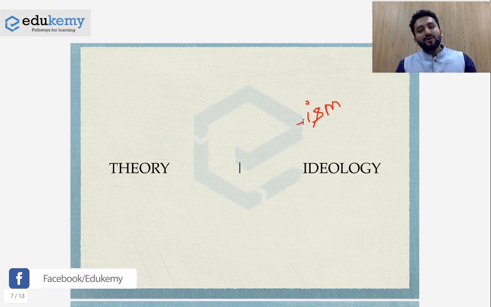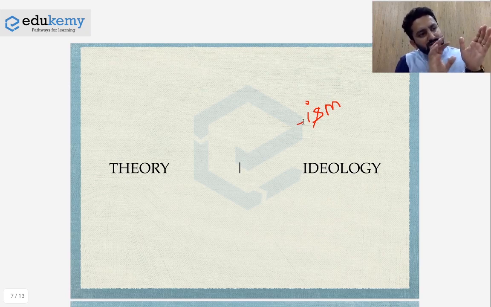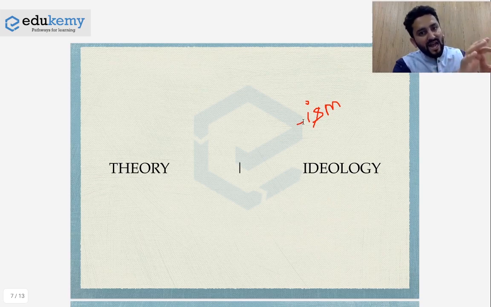Now, when it comes to theory, for example, theory of state. In this, we talk about different kinds of theories on state. So what does theory of state say? It simply says that we have examined the reality of state, how state functions, what are the challenges which states have, and what should be the actions.